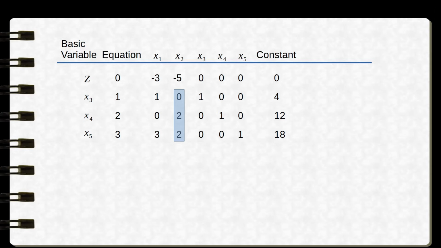Remember, in the zeroth equation, we find out the highest negative entry, and then we draw a box over the coefficients of the same variable for which the highest negative entry is there. Now, this variable, that is x2, is known as the entering variable.